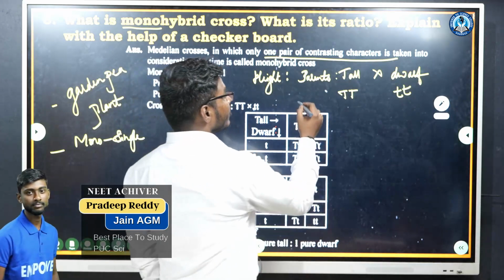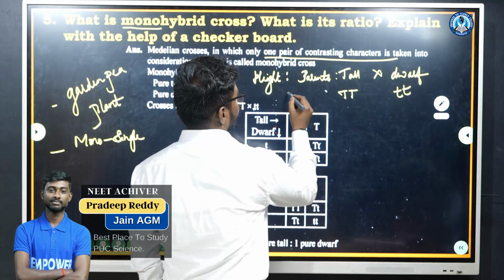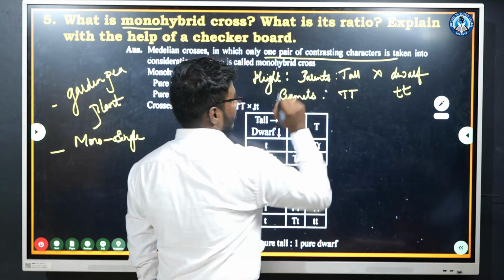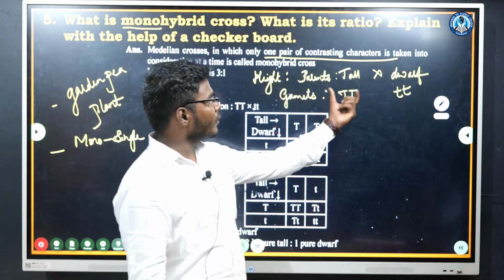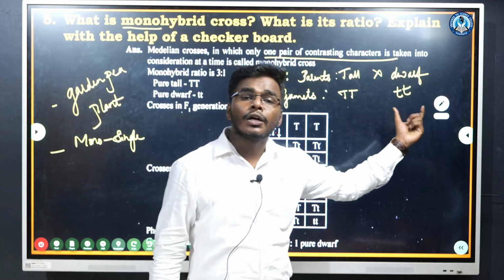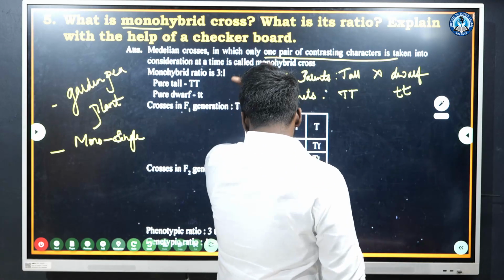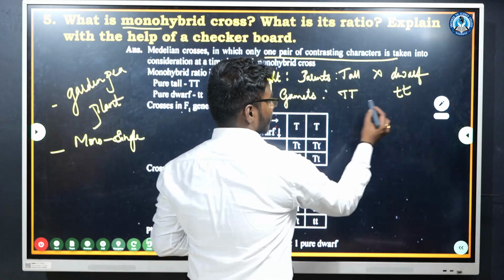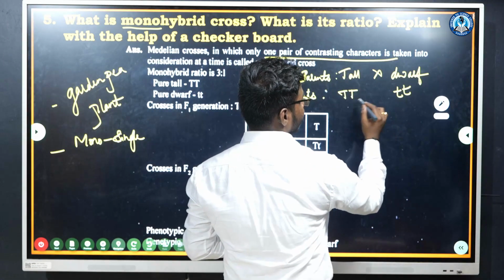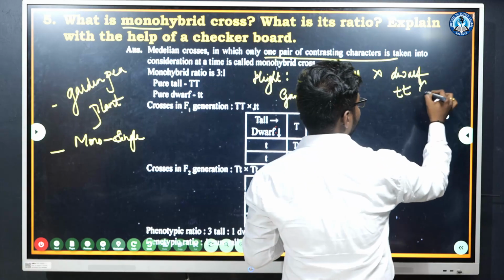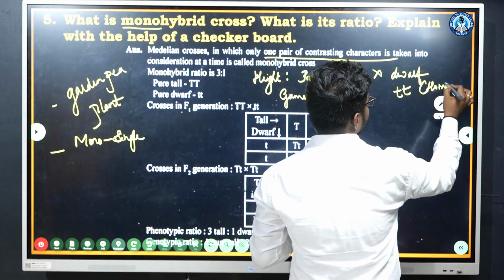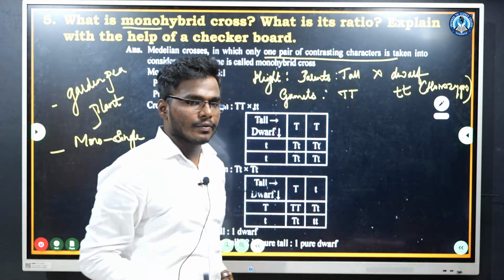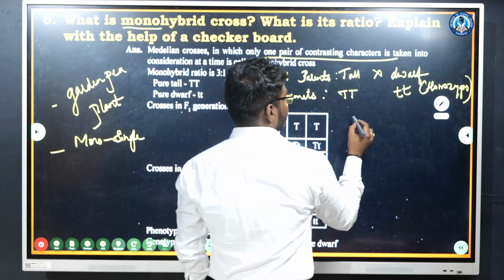These are the gametes. So when he crossed a tall plant with the dwarf plant, the gametes were capital T, small t. This condition we are going to call homozygous.